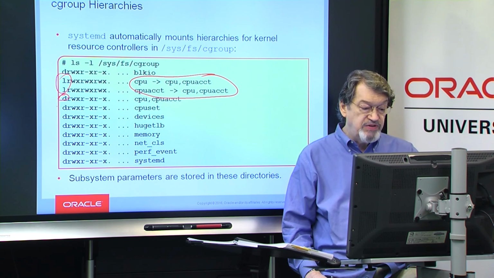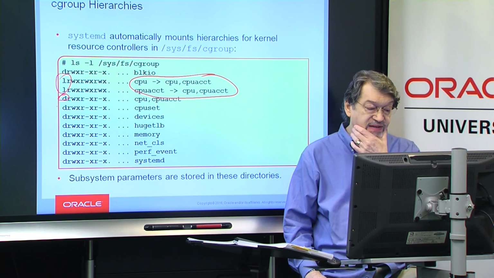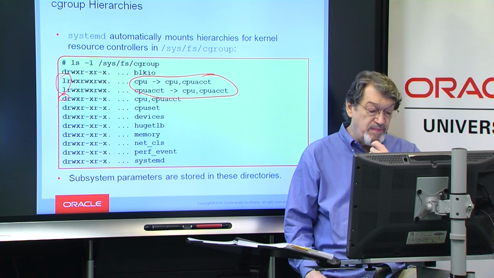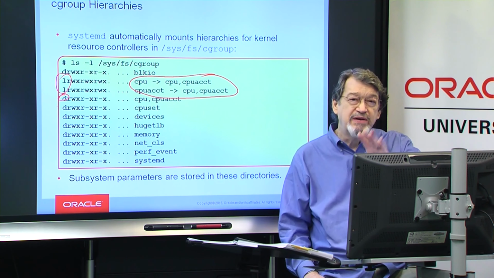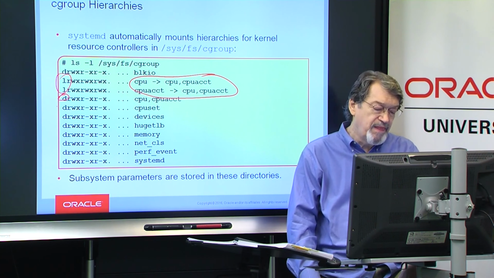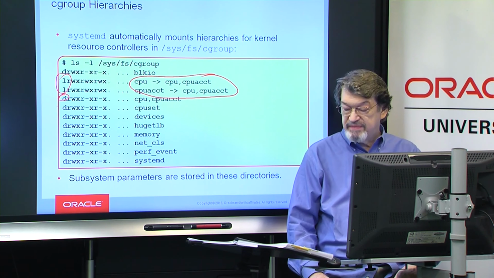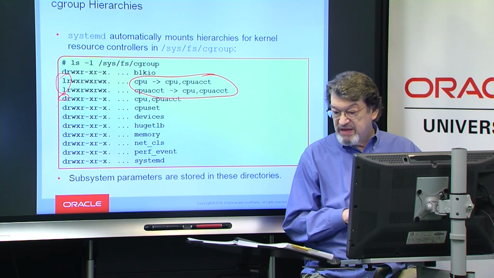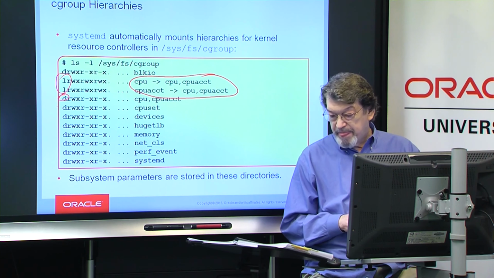So we take CPU and CPU account, and as links, we point them to that directory, cpu,cpuacct. Then cpuset, devices, hugetlb, memory, net_cls, perf_event, and a new directory that was not there before, and that's the systemd directory. Once again, control groups are all inside of systemd.